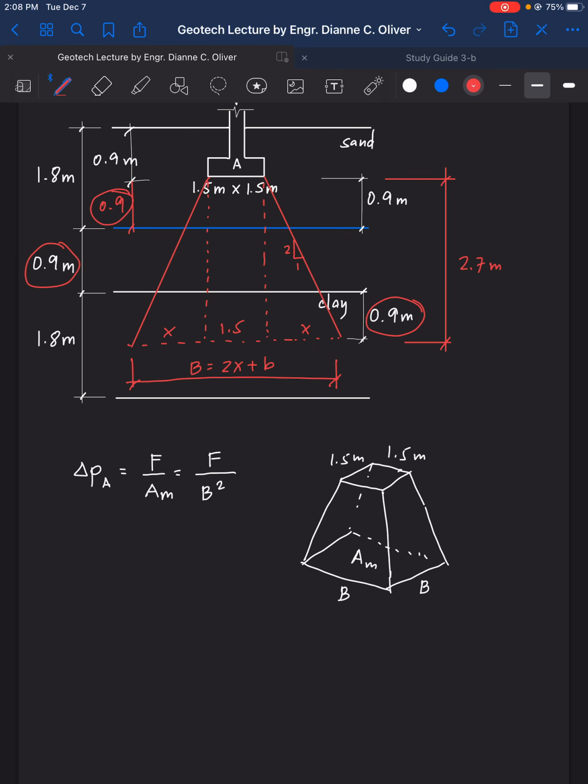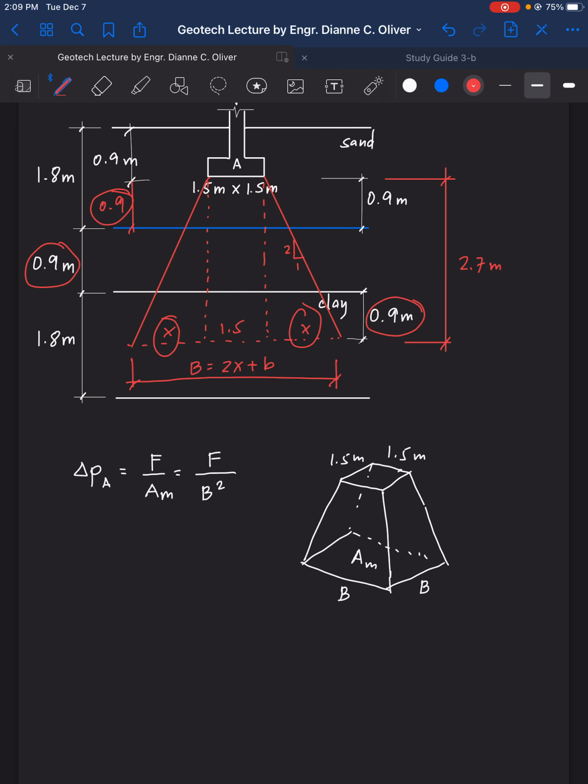So if the height of the triangle is 2.7, therefore our x here is 2.7 divided by 2. Now, what happens here is we have 2x. Therefore, what is 2.7 divided by 2 times 2? Cancel 2. What's left is 2.7.